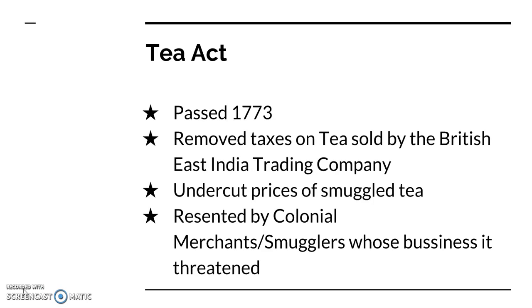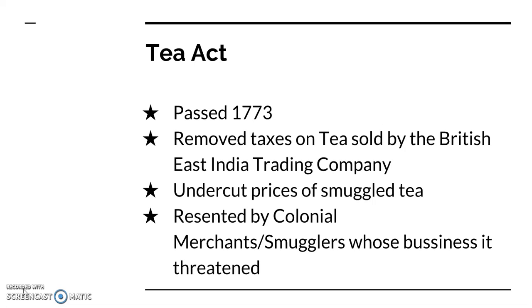Now, the British East India Trading Company had a wealth of tea at their storehouses in London, but they were being outcompeted by tea from the Dutch East India Trading Company. And so they wanted to undercut the prices of smuggled tea, so Parliament gives them a special exemption. Their tea is not to be taxed and is sold through special consignment shops.